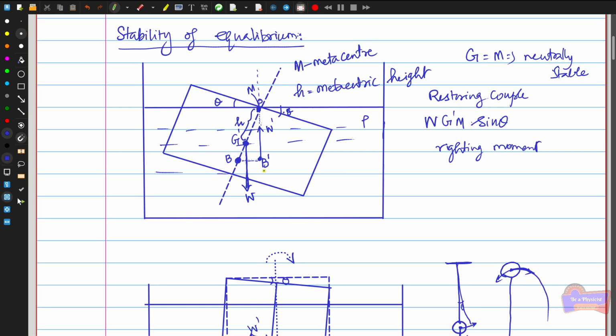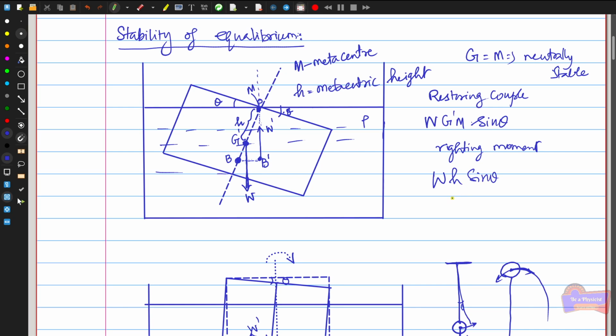This righting moment is equal to W times G prime m into sine theta. Since the distance G prime m is taken as h, we can write the righting moment as W times h into sine theta, where h is the distance from the metacentric point to the center of gravity.